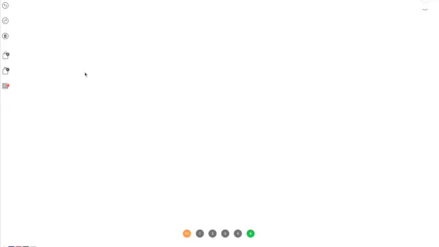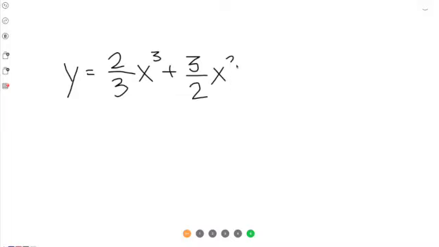So we have here y equals 2/3 x cubed plus 3/2 x squared minus 8x, plus 47 over 6. So this is our particular solution for that differential equation given our initial conditions.